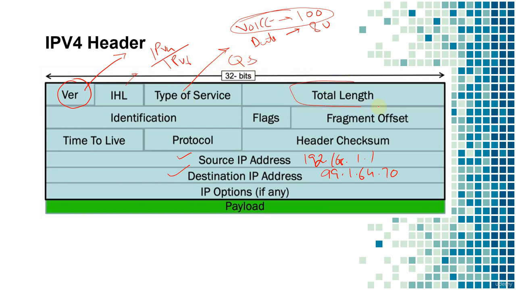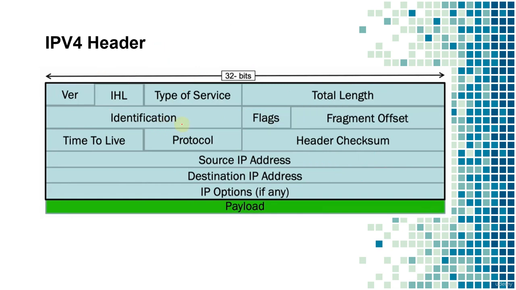Then this is the total length of the data. Then this is the identification field, and identification plus flags are interrelated with each other, because when the communication happens from source to destination, the chances are, if the packet size is larger, and the in-between device that is going to receive that packet maybe does not have the capability to process that higher data.